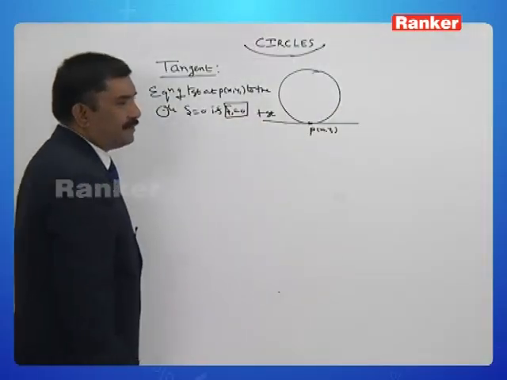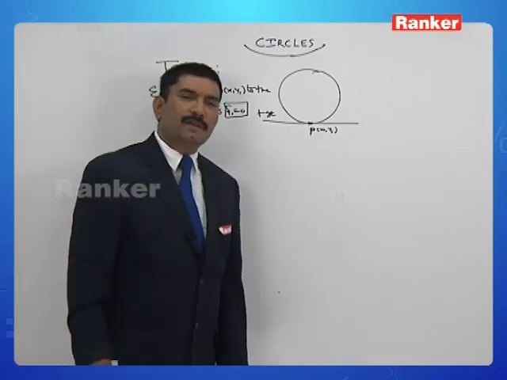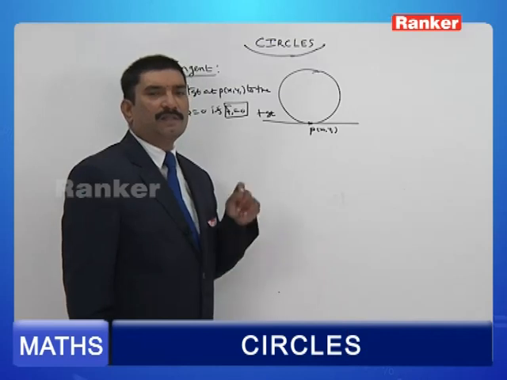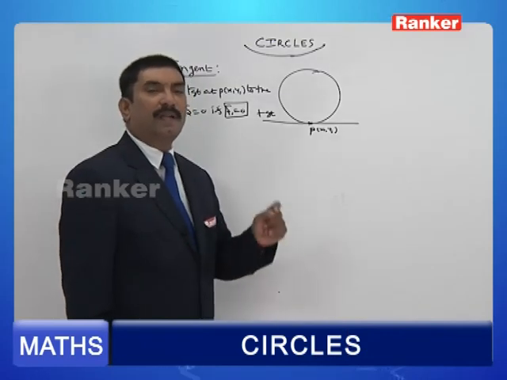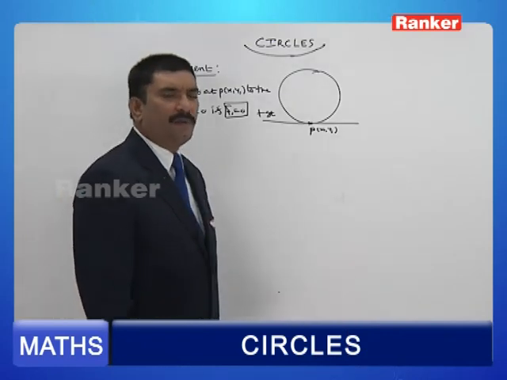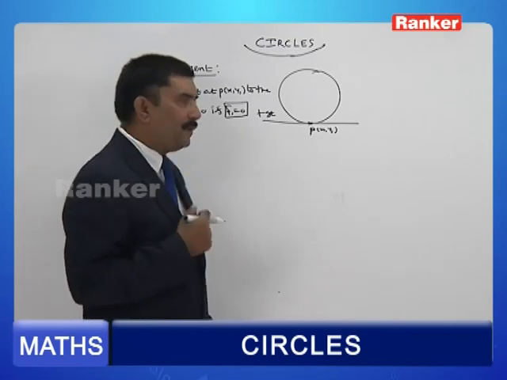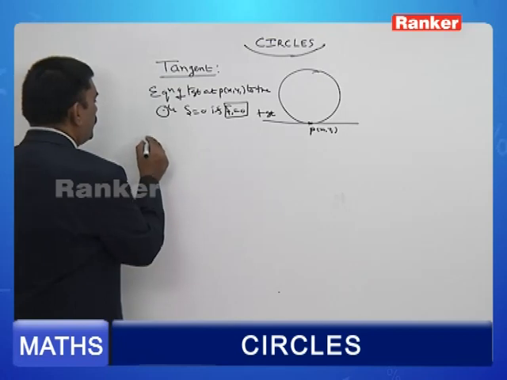This S1 is equal to 0 plays a vital role throughout coordinate geometry, especially circles, parabola, ellipse and hyperbola. So therefore, S1 is equal to 0 represents the tangent. Now let us see the proof of this.